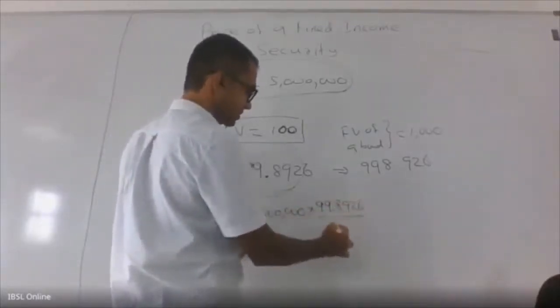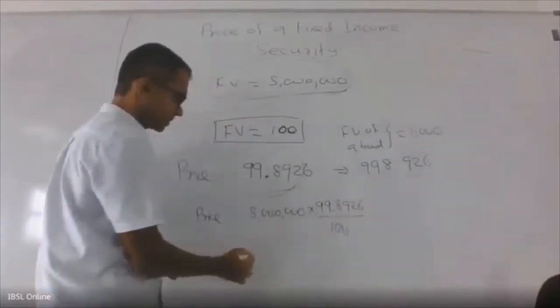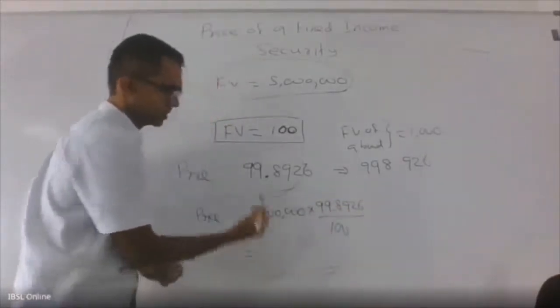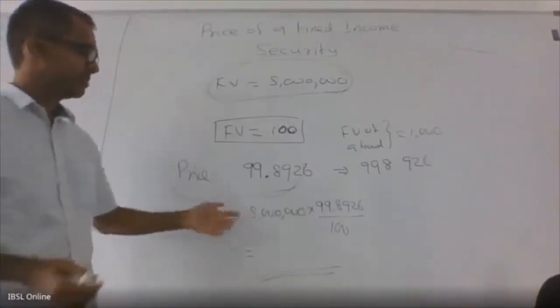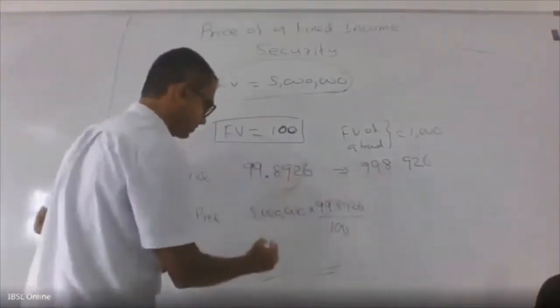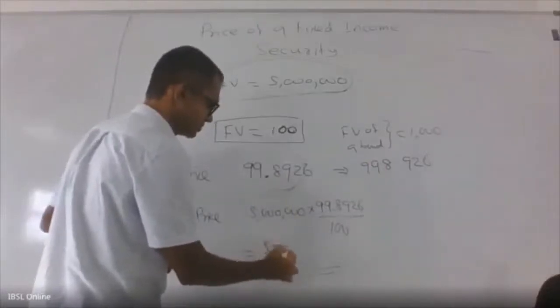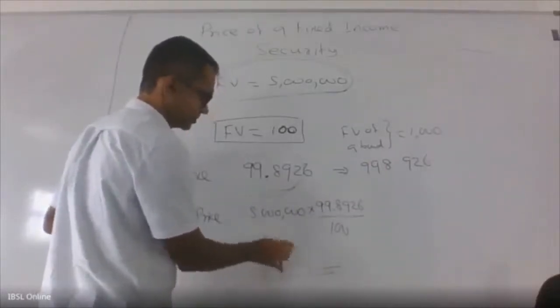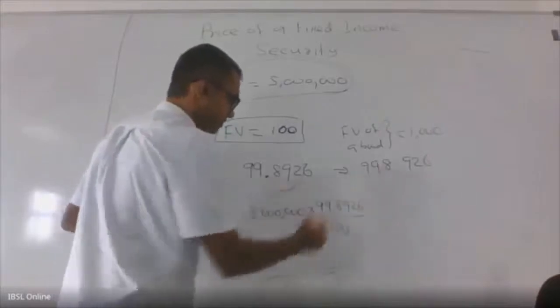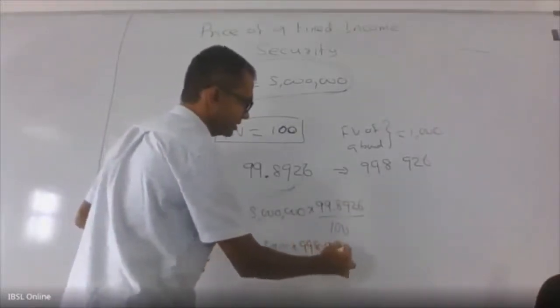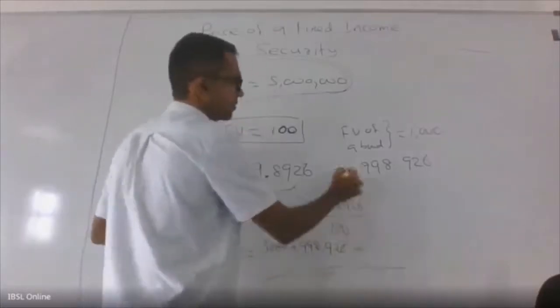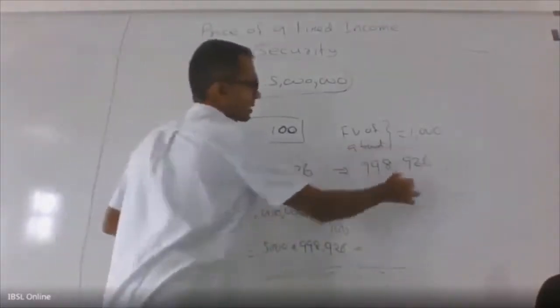This is the percentage. This is the amount that you have to pay. So it's the same as 5,000 into 998.926. Number of bonds into price of a bond.